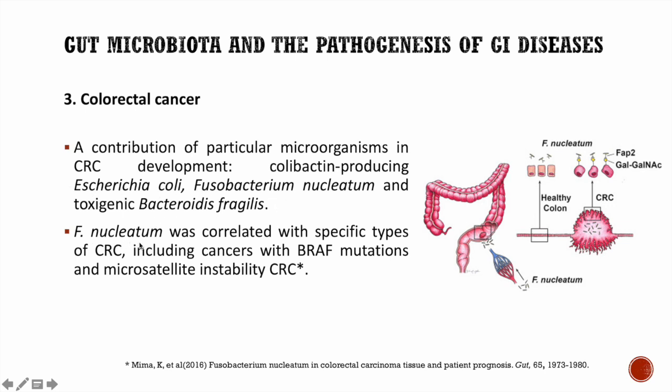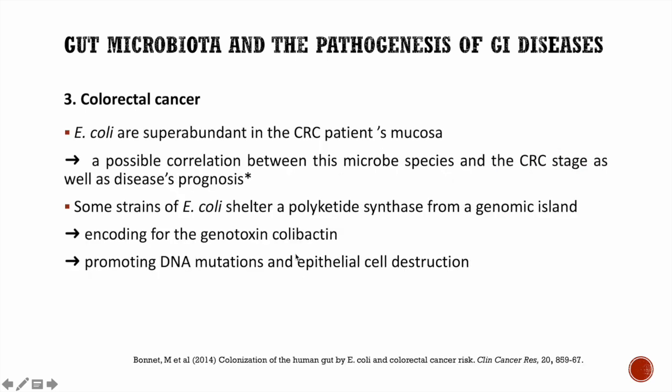Among them, F. nucleatum was one of the first microbes correlated to specific types of colorectal tumor, including cancer with BRAF mutation and microsatellite instability CRC. Besides, E. coli are superabundant in the mucosa of CRC patients, leading to a correlation between this species and the CRC stage as well as disease prognosis.